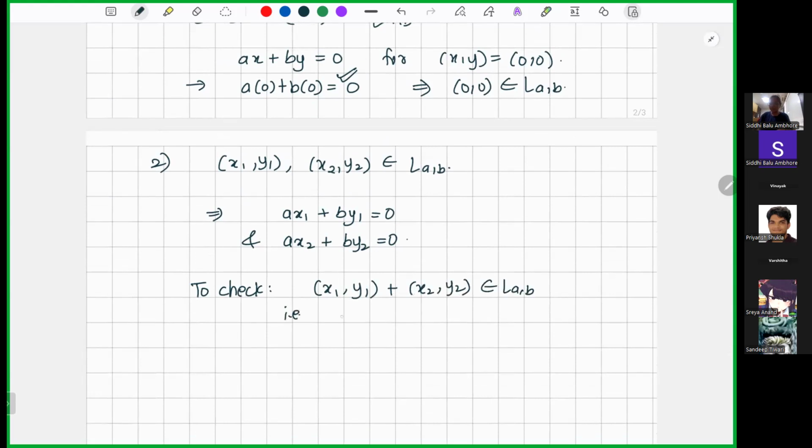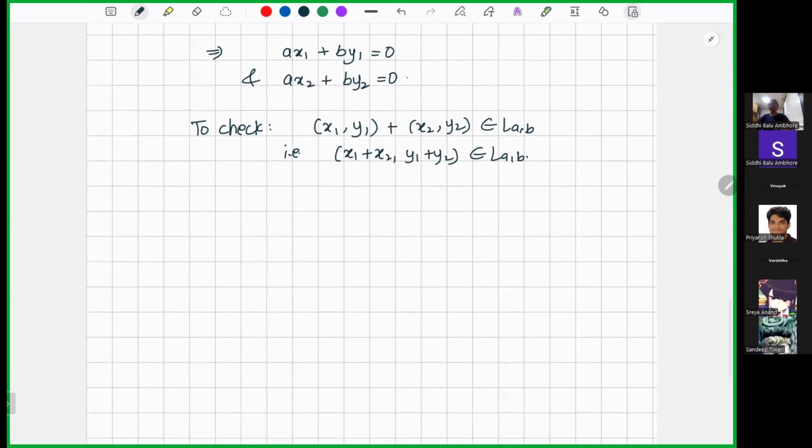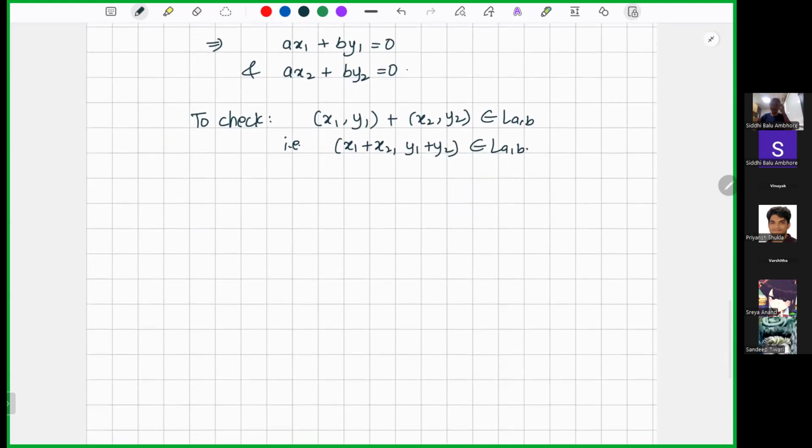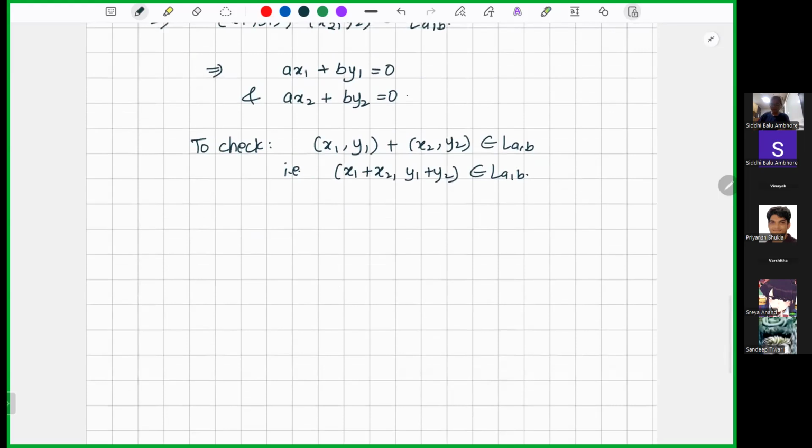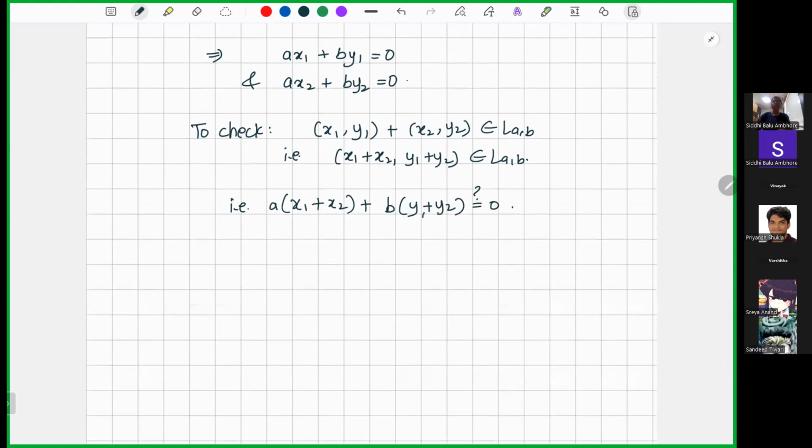That is, we need to check whether x1 plus x2, comma y1 plus y2, belongs to this line L_AB or not. So what we need to prove is that A(x1 plus x2) plus B(y1 plus y2) is 0 or not. This is what we need to check.